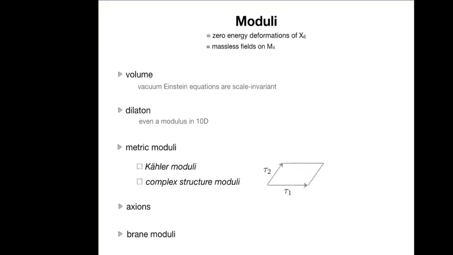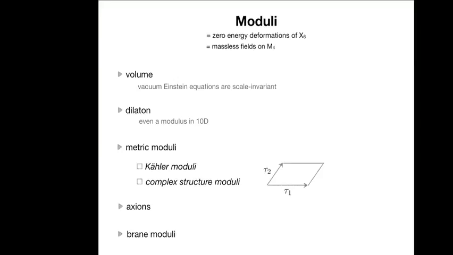And so those would simply be massless fields in the 4D effective theory. And so examples for these, at the classical level, and then often these massless fields get potentials and masses from quantum corrections. So for example, one thing you can prove is that the vacuum Einstein equations are scale invariant. And so the overall volume, in fact, is a modulus if you just study classical Einstein gravity in those theories.